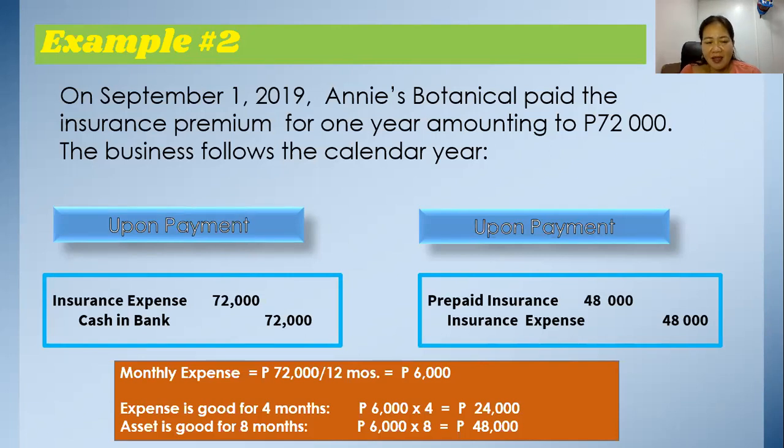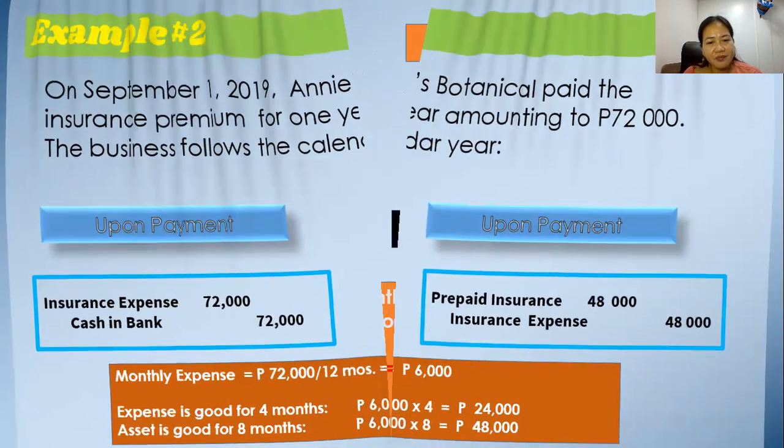Since you used an expense account when you originally recorded the prepayment, at the end of the period you will be recognizing the asset portion. That is why you have a prepaid insurance of 48,000 and a credit to insurance expense of 48,000.